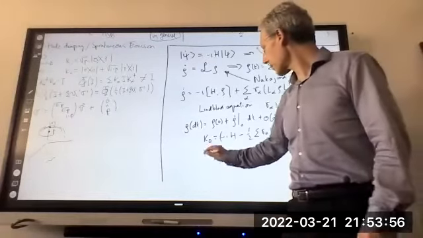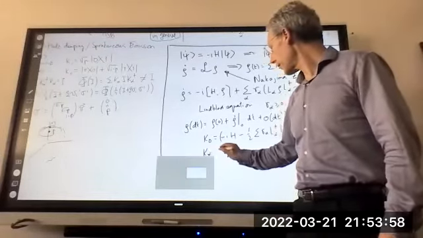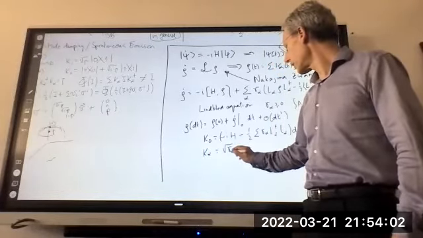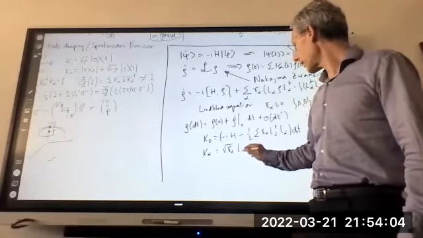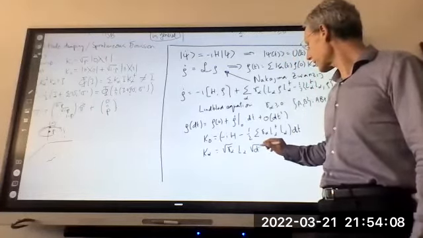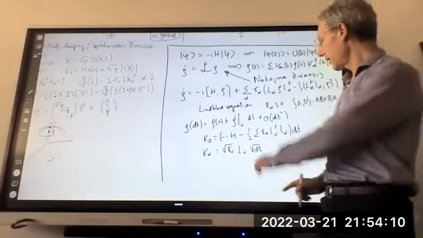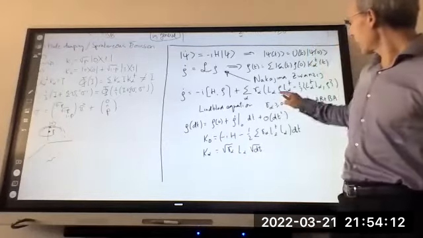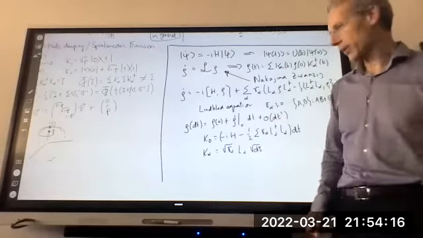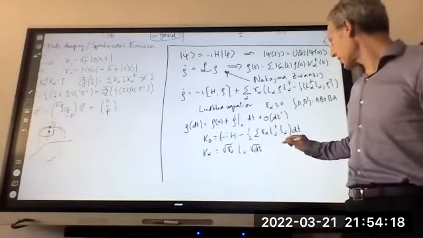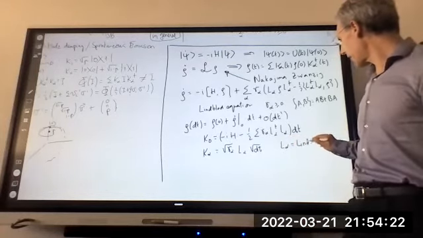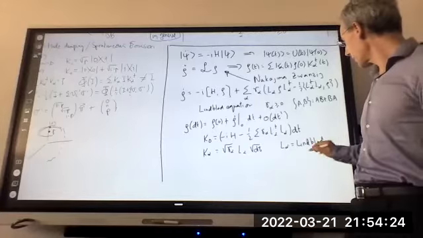And all the other operators, K alpha, they are of the form square root gamma alpha L alpha square root of dt. The square root of dt may seem strange, but it's there because when you have Krauss operators acting from the left and from the right, then the square root of dt squared becomes just a dt. These L alphas, these are what we call the Lindblad operators, and at this level, they are completely general.